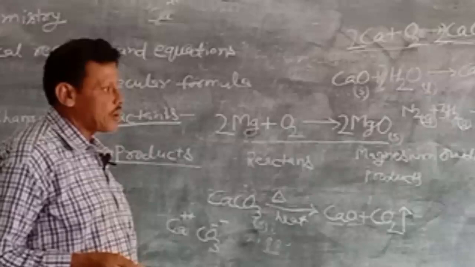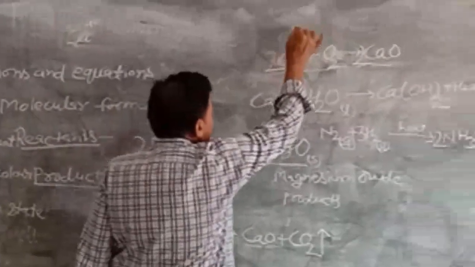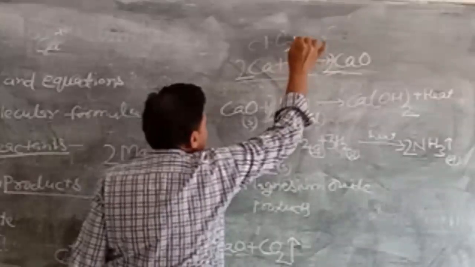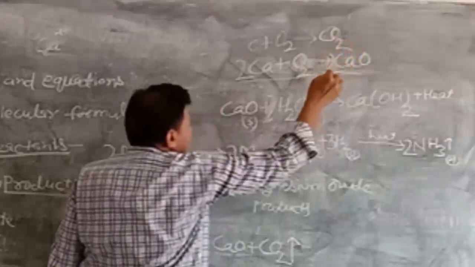Various examples of combination reactions: C plus O2 gives CO2 plus heat.